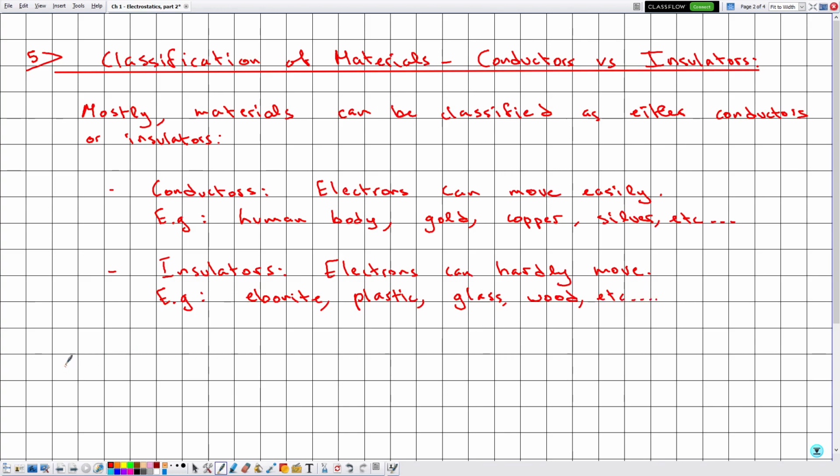Previously I have mentioned this, but let me mention it as a section alone: in number 6 we're going to say what is meant by electrification.